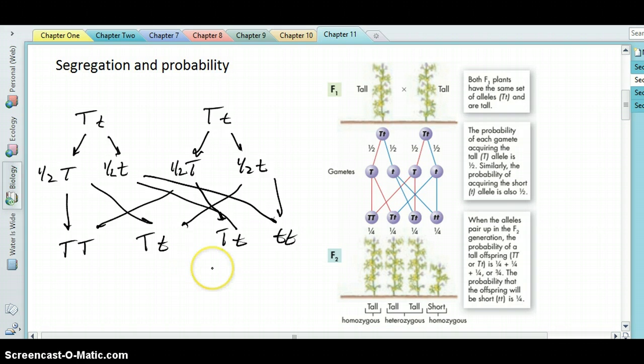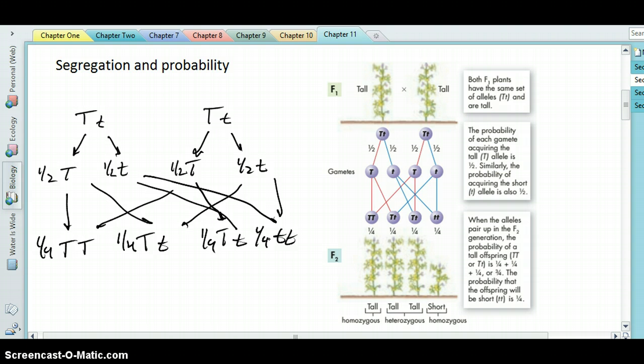Well, what's the probability of those? You have a 1/2 chance of getting a big T from dad and a 1/2 chance of getting a big T from mom. 1/2 times 1/2 is 1/4. You have a 1/4 chance of getting a big T from dad, little t from mom, etc., etc. You have a 1/4 chance for each of these.